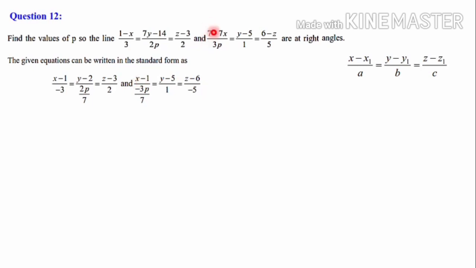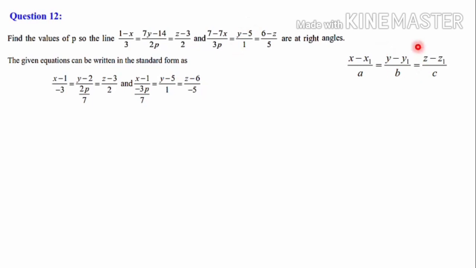Then minus 1, this should be minus 7, when we take a minus outside. So minus 7 by 7 is minus 1. Divided in the denominator also by 7, that is 3p by 7. That minus here is the one we have taken from the numerator, we are just putting it with the denominator because the coefficient of x should be 1. Equal to, this is okay, y minus 5 by 1.